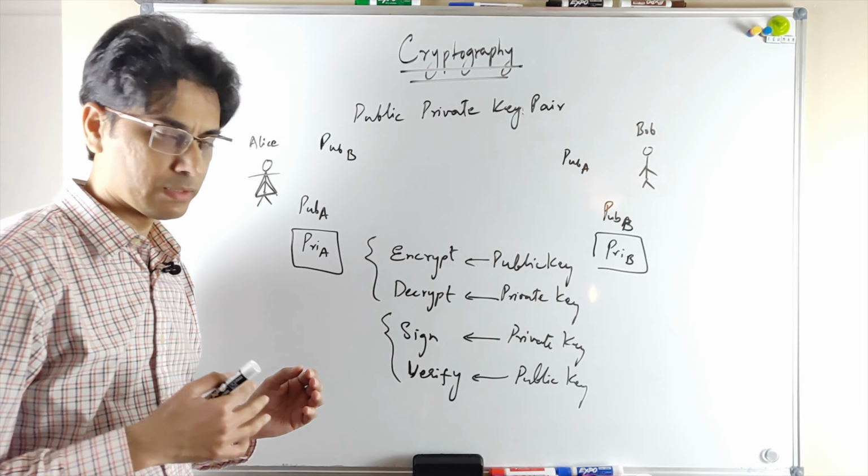Then Bob will pass this signature, the message, and the public key of Alice to a verification algorithm to verify whether this message was indeed generated by Alice or not. The result could be either true or false. Normally, the verification process takes the public key and the signature, decrypts the signature using the public key to get another hash, and then compares that hash with the hash of the message that was passed.